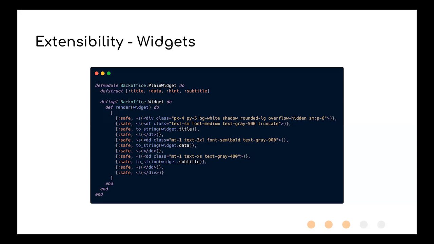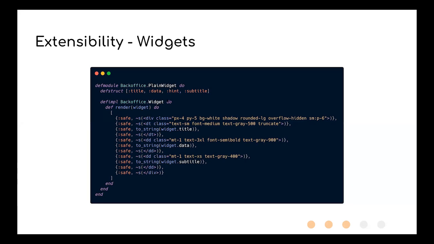So for a chart widget, for example, you might not need a subtitle or hints or anything like that. Maybe you need a specific chart field. But basically, you get to define what data you need by defining the struct upfront. And because of that, it's a lot more flexible. If you have some custom widgets that need specific data, you don't have to put it in a map and guess what the map keys would be.